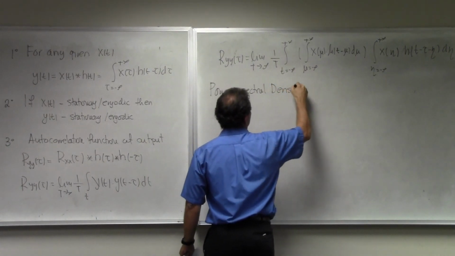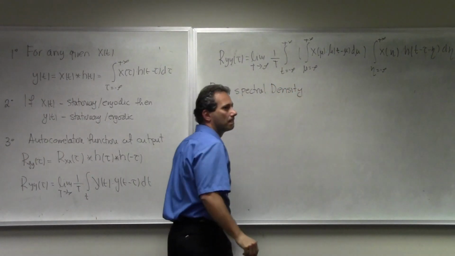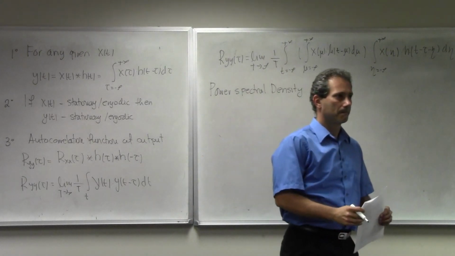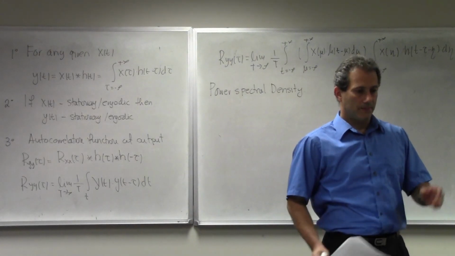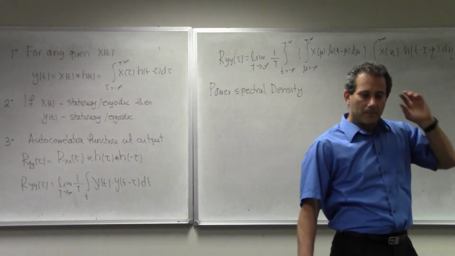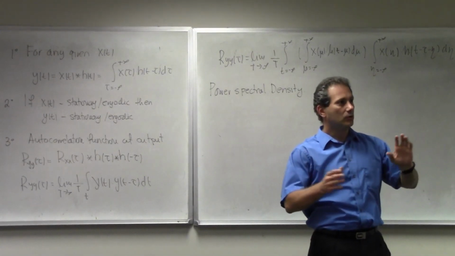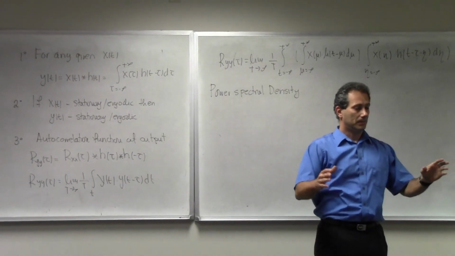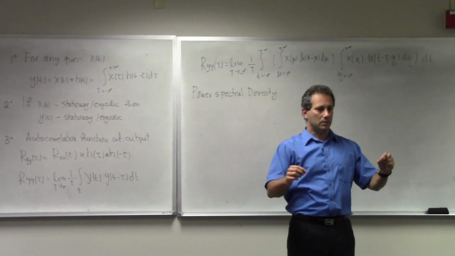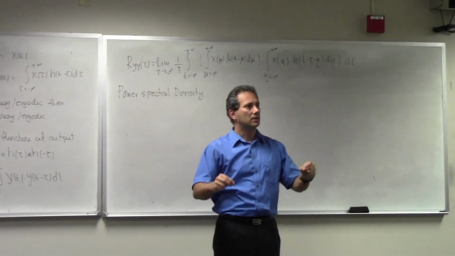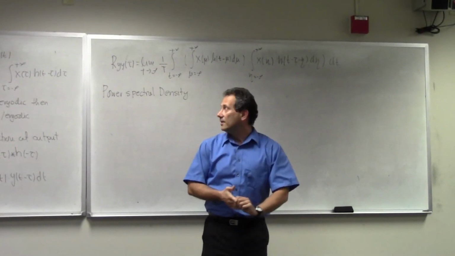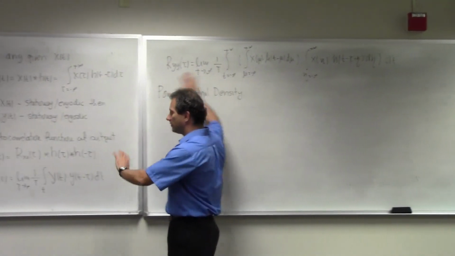Can we know the autocorrelation of the input without knowing the input? We have to be careful what we mean by know. Knowing the input would mean knowing this particular input, and if you know the particular input, there's no need for any of this.